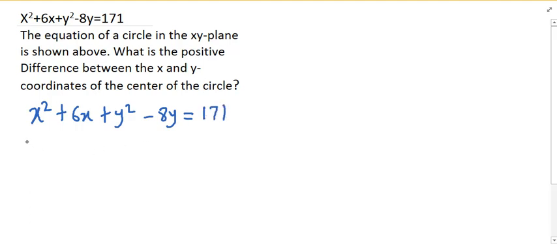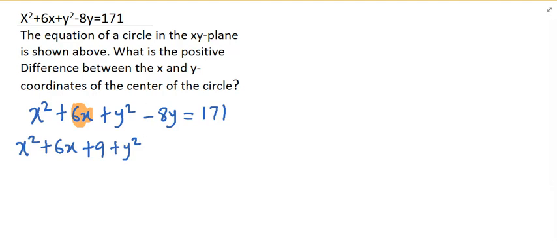Okay, let's group the x terms and then complete the square. 6 divided by 2 is 3, squared is 9. So we have x squared plus 6x plus 9, and then plus y squared.